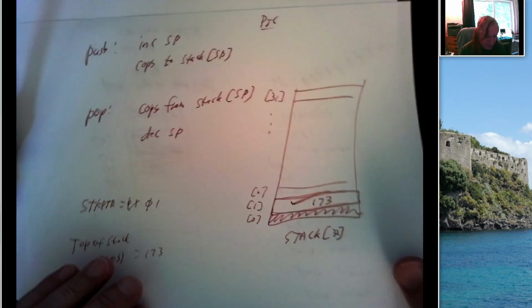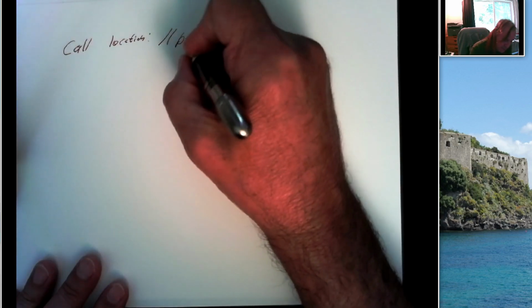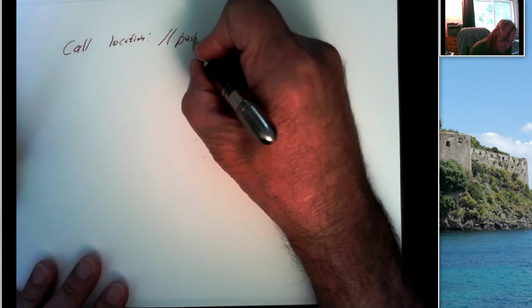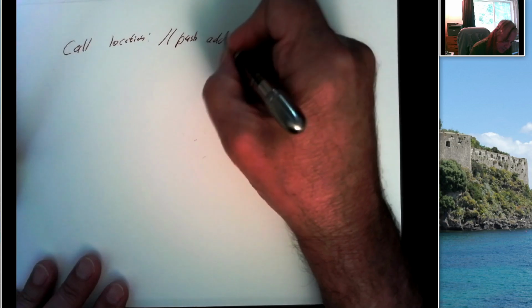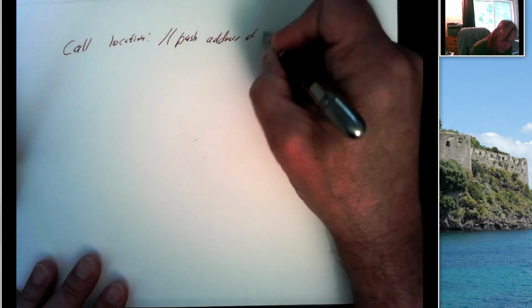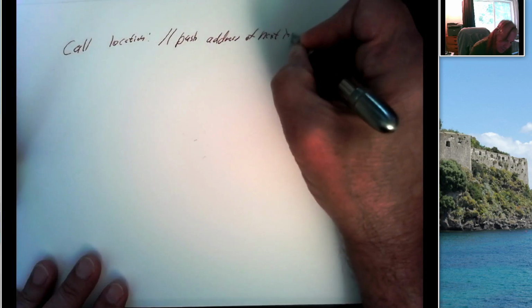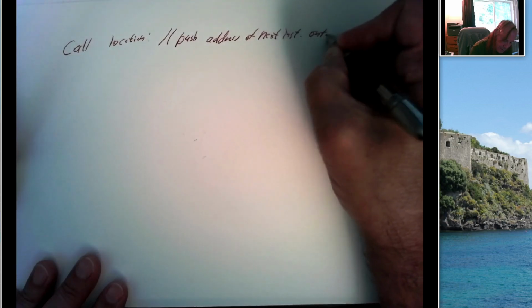Alright, so let's dig a little deeper into how this works on the PIC processor. So when you say call some location, what does it do? Well, it basically pushes the address of the next instruction onto the stack.